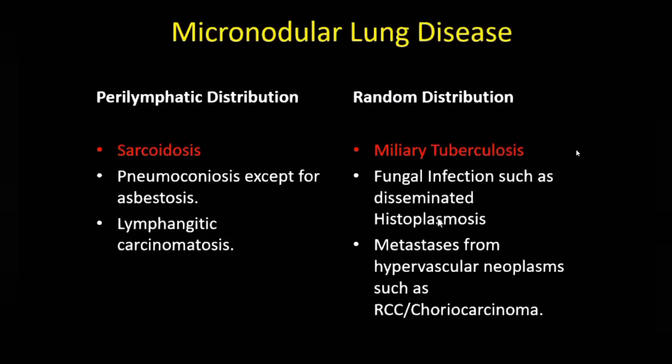Fungal infections such as disseminated histoplasmosis, and metastasis from hypervascular tumors like renal cell carcinoma, choriocarcinoma, thyroid medullary carcinoma, etc. Okay? So this is a prototype of how you approach pulmonary micronodular disease.